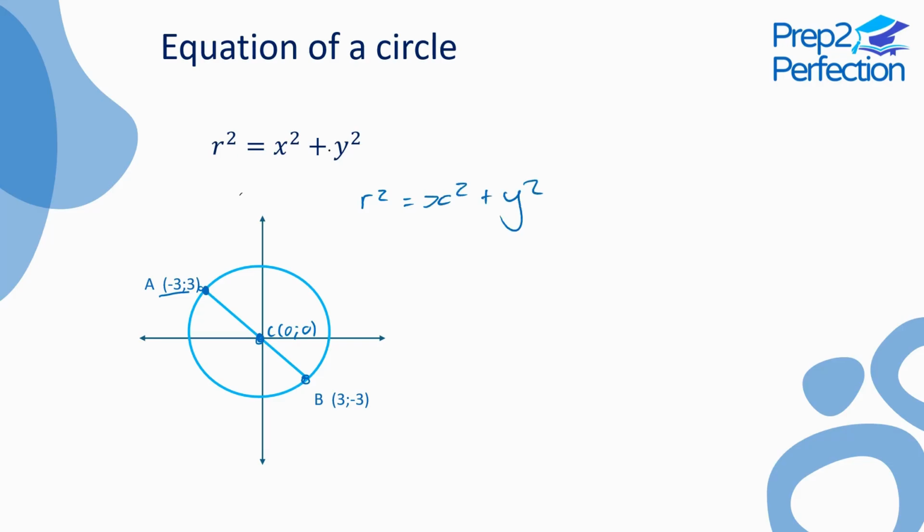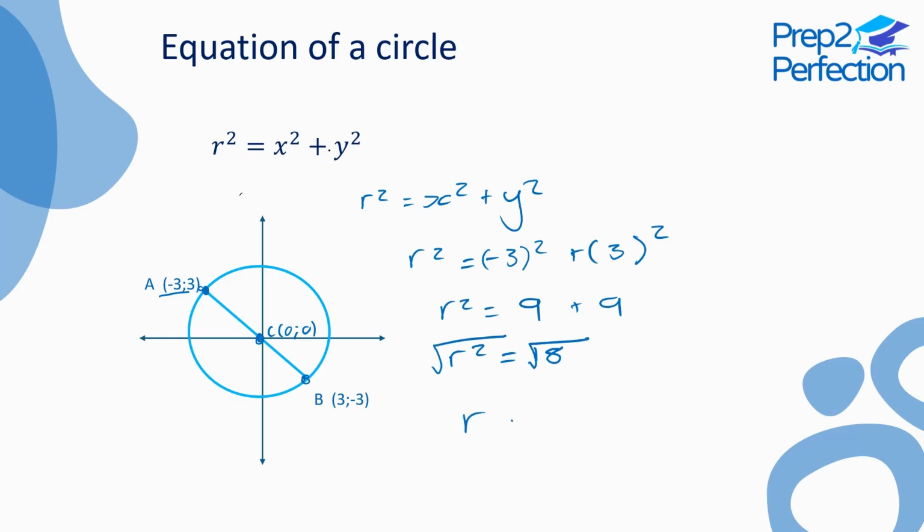Then we just sub in the values we know for A. So we don't know the radius yet. So we say (-3) squared plus 3 squared, and this gives us 9 plus 9, which gives us r squared equals 18. So now we have r squared, but if we want to determine the radius, all we have to do is square root both sides, so r will equal 4.24.